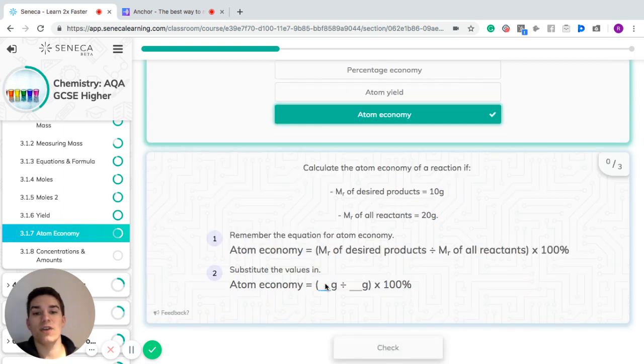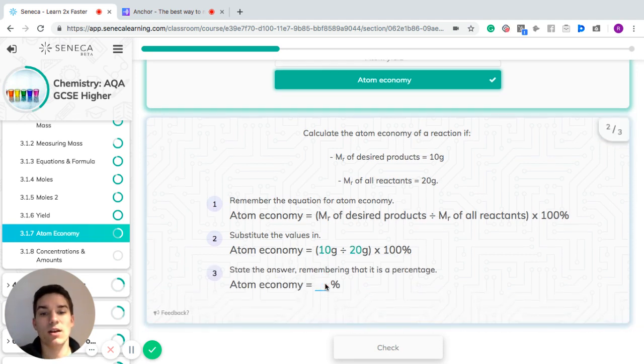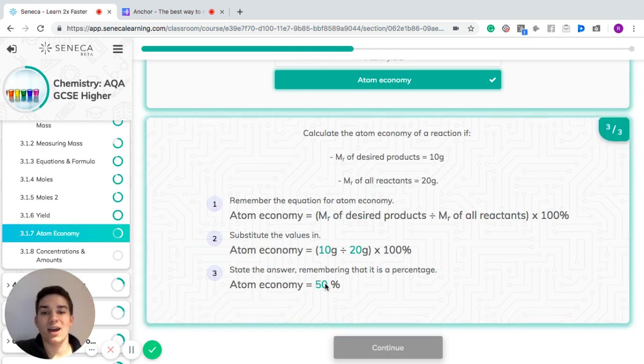So if we substitute the values in there, the molecular mass of the desired product is 10 grams and the molecular mass of all reactants is 20 grams. So if we do 10 divided by 20 times by 100, that will give us 50% atom economy.